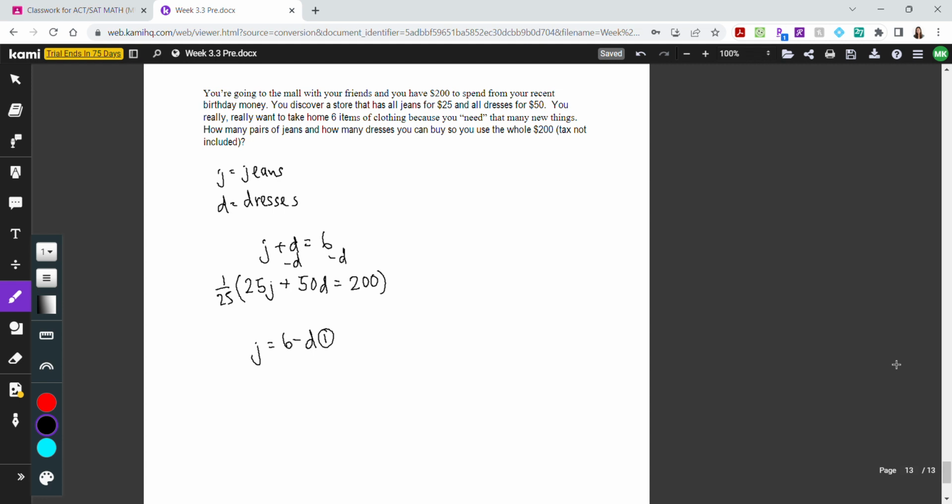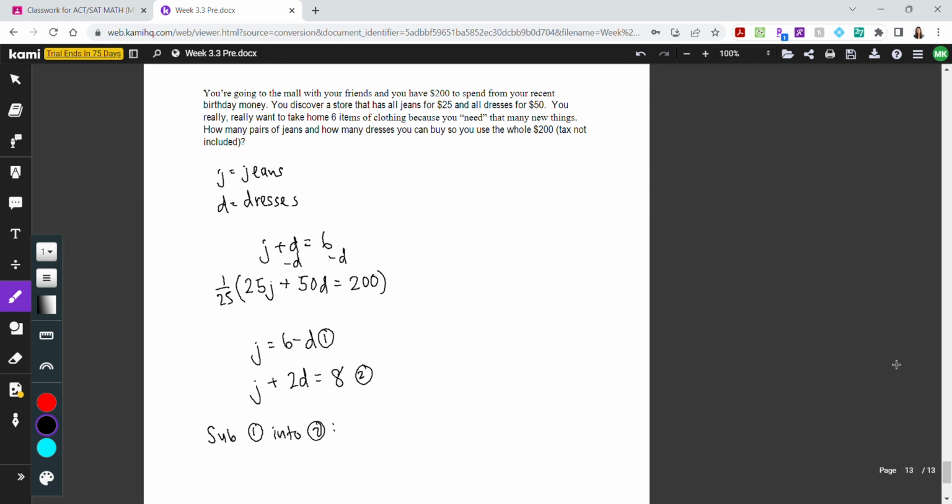Our second equation is going to be J + 2D = 8. Oh look, smaller numbers. It's a lot easier to deal with, because it's smaller numbers than this. All right, so whenever you see this and you notice that they can be simplified, do it, because it's easier to deal with smaller numbers. Anyways, now I want to substitute equation 1 into equation 2.